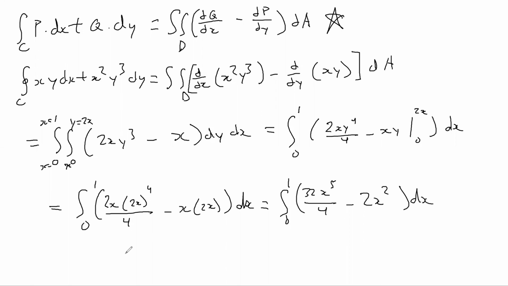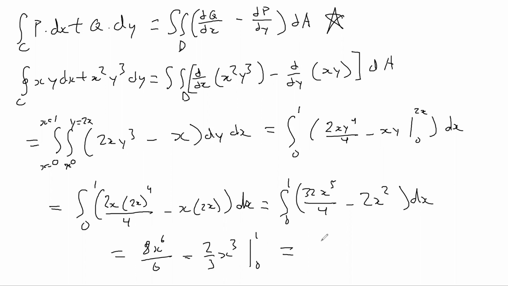Okay. And then if we solve that out, that's going to be 8x to the power of 6 over 6 minus 2/3 of x cubed from 0 to 1.